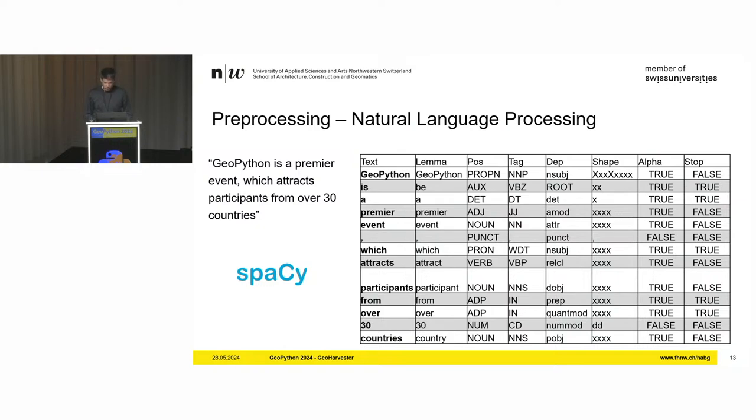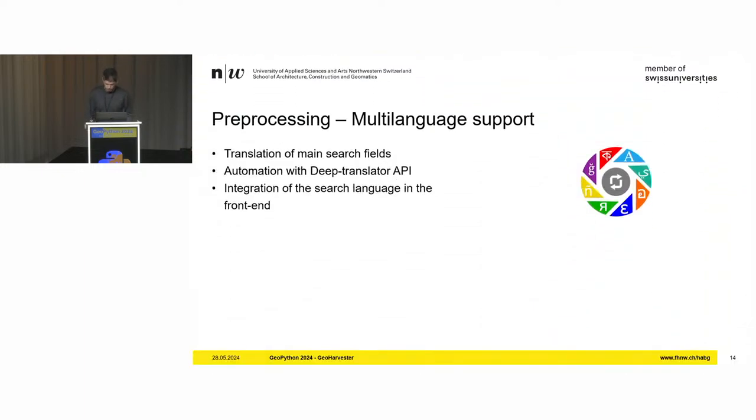In the pre-processing, we also lately implemented multi-language support. As you may already know, in Switzerland there are different languages. There are 4 official languages, which are French, Italian, German, and Rätoromanisch, yeah, that one.